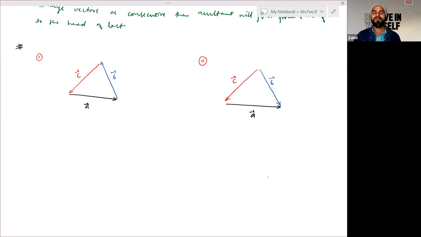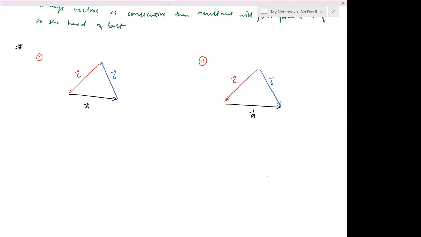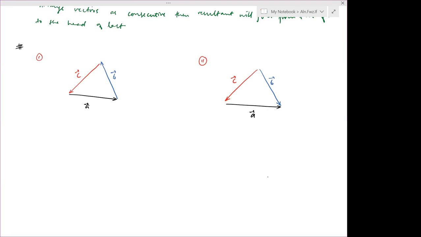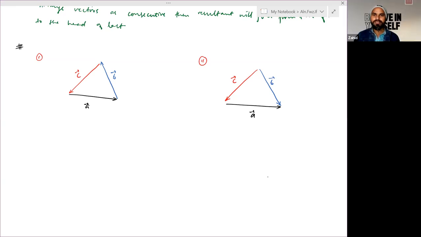Krishna, do you have any idea? Yes, sir. I think it is C in the first example. And in the second? So it is B in the second, I think. Okay. Fawaz, would you like to answer? Which one will be the resultant in first and second?